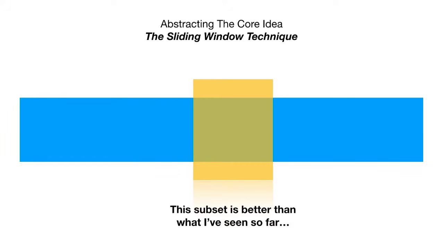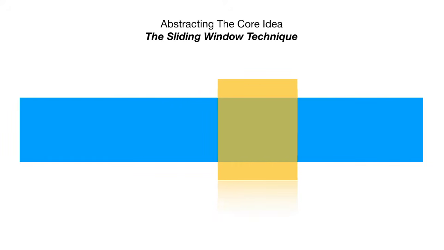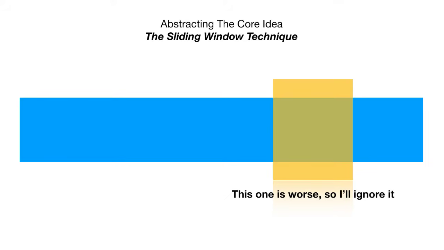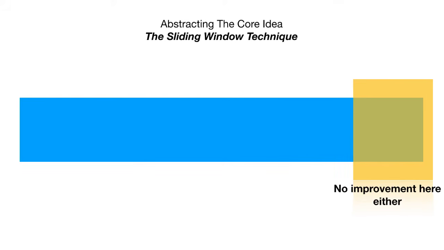So I'm going to record this one as my max, and I'm going to continue sliding it over. This one is worse. I do nothing. I continue sliding. And then I reach the stopping condition, which is the end of the data structure, and then I stop. The hopeful thing is that I've stored whatever value I'm trying to optimize against in some auxiliary data structure or some additional variable, and I return it from the function that I am working in.